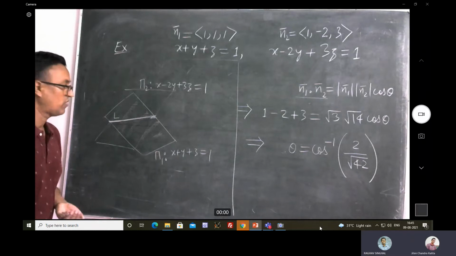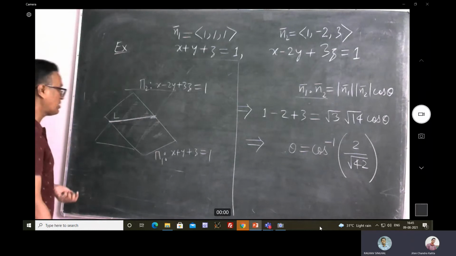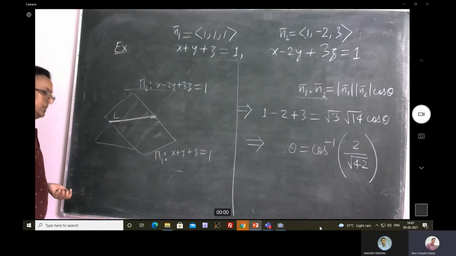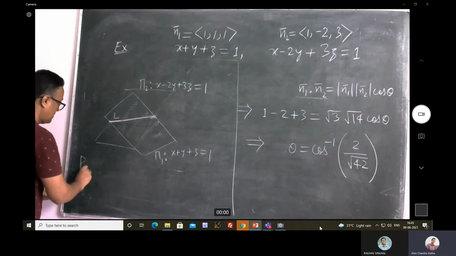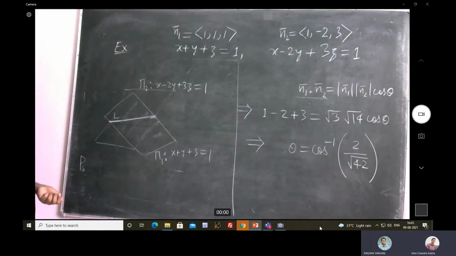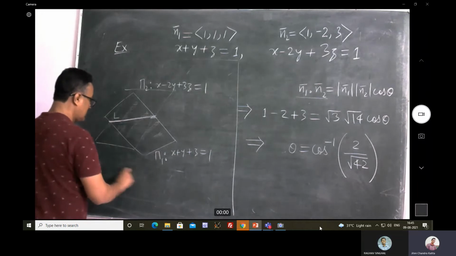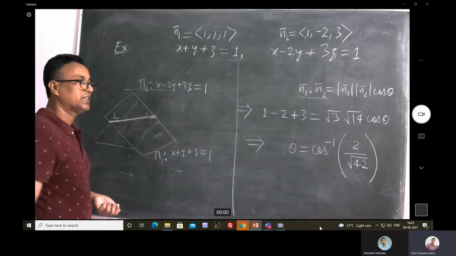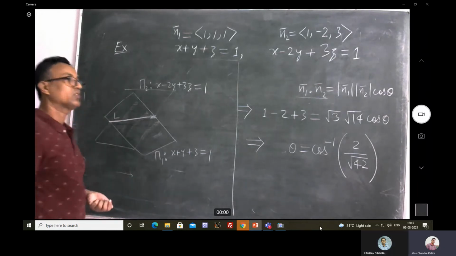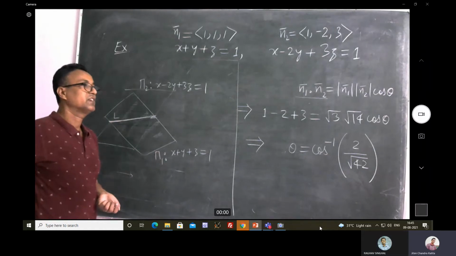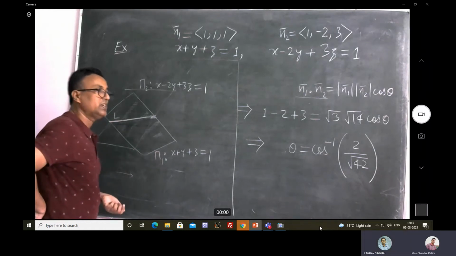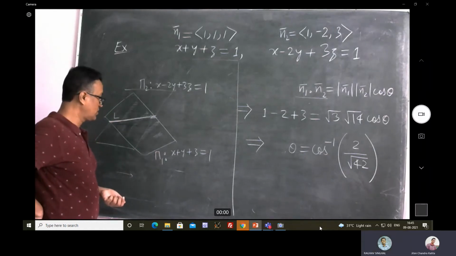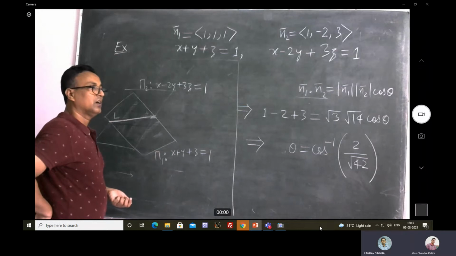If you recall, in order to find the equation of a straight line, what do we need? Firstly, I need a fixed point, a point lying on that line. Secondly, I need the direction ratios of the line.